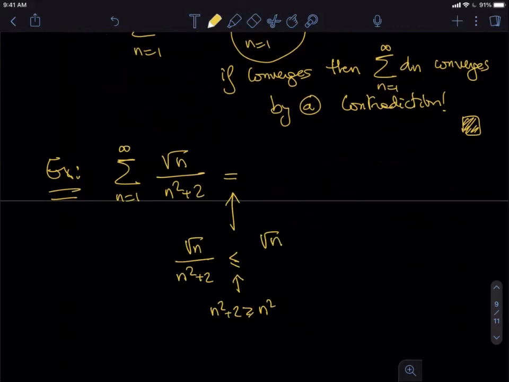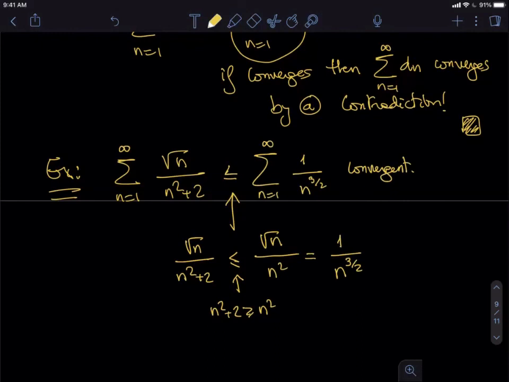So this is less or equal than the square root of n divided by n squared, and that makes 1 over n to the 3/2. So this is less or equal than the sum from n equal 1 to infinity of 1 over n to the 3/2. And this one is convergent.